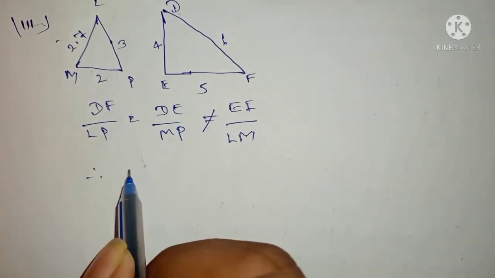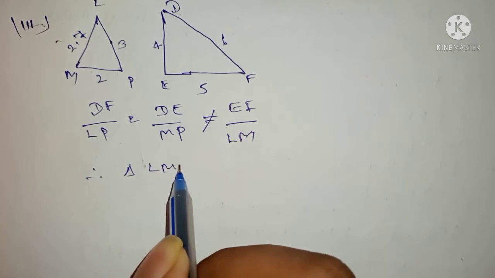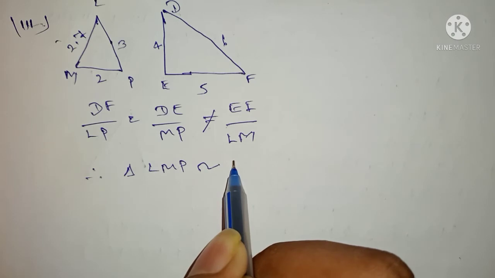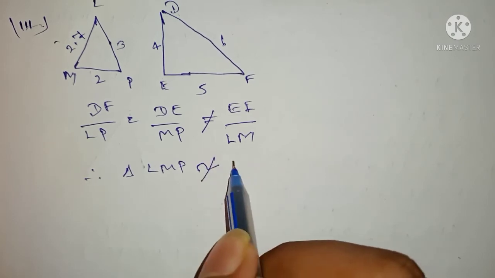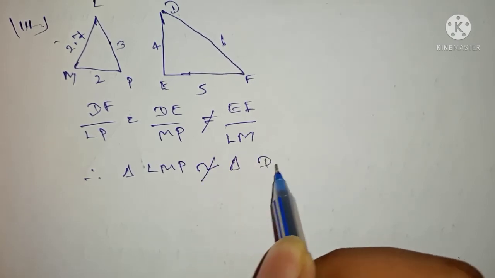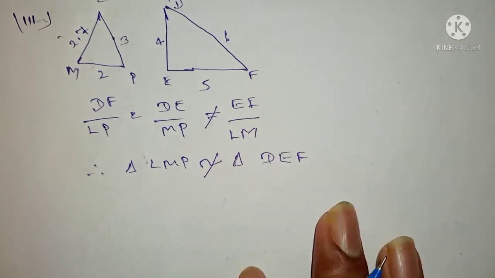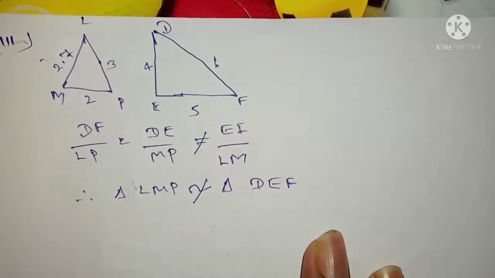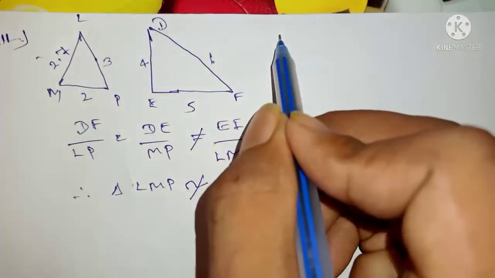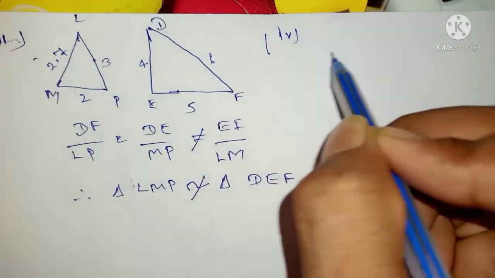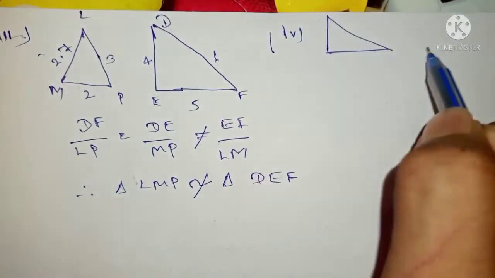Therefore, we can say triangle LMP is not similar to triangle DEF. Similarly, if you see the fourth question, here it is given like this.